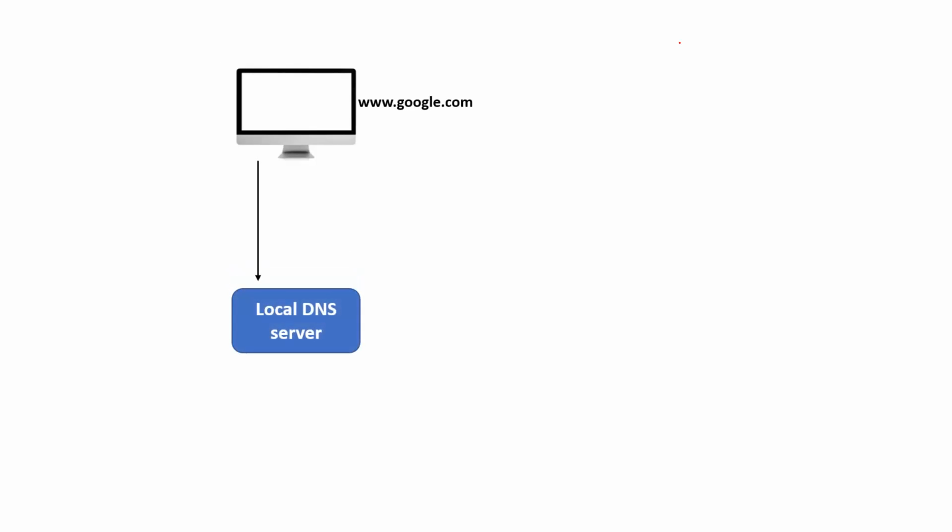Local DNS server means inside the organization. Suppose you are trying to access anything, they'll have some local DNS server. First it checks in the local DNS server: do you have any IP address for this google.com? First it will check in this database. If it's not available, it will contact the root server.